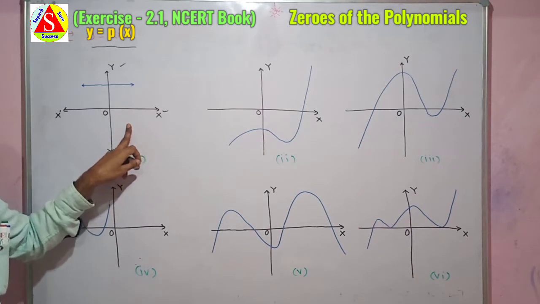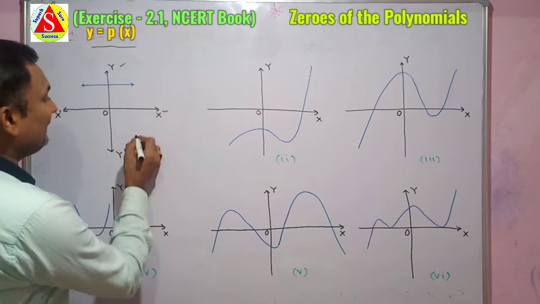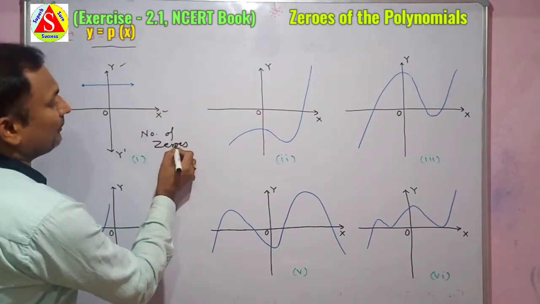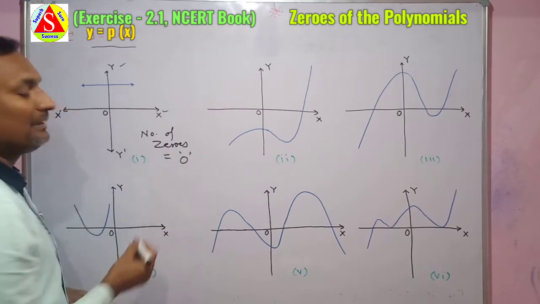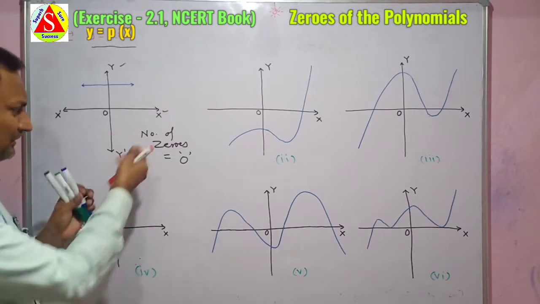It means for this polynomial no zeros are there, it means the number of zeros for this polynomial is zero, no zero is there. So I think you must have understood it very easily.